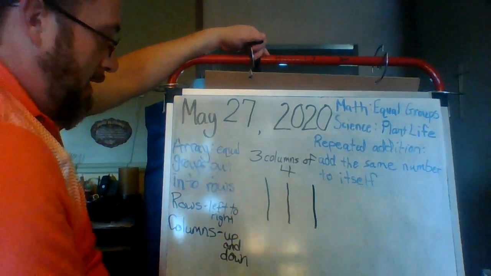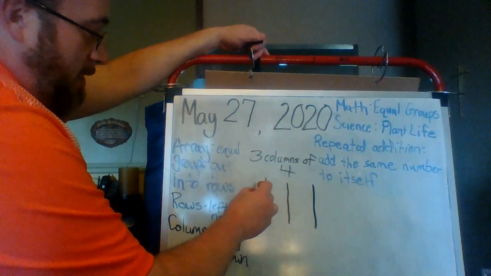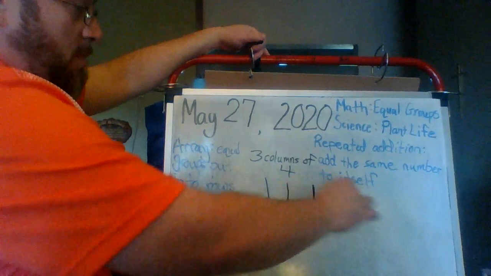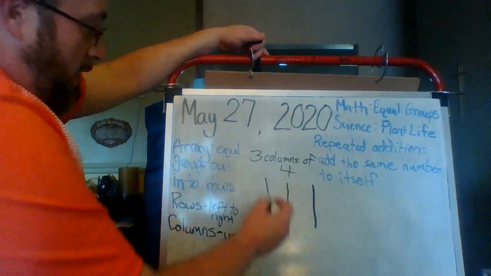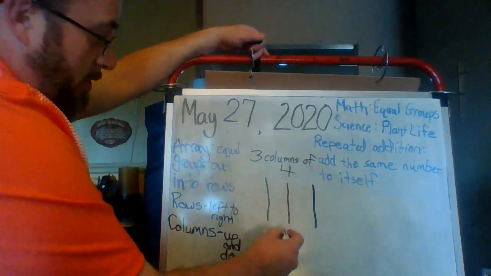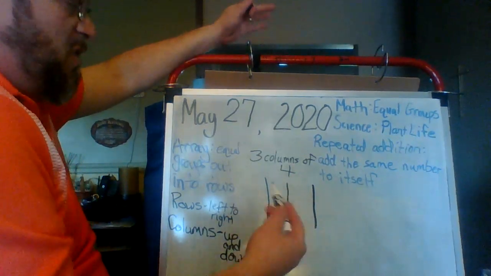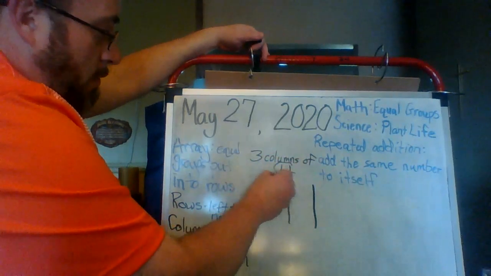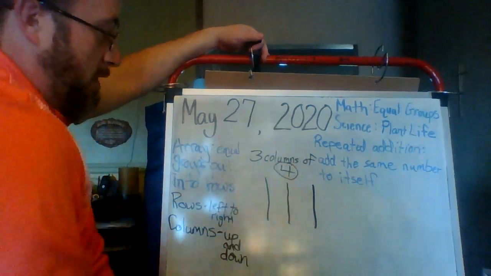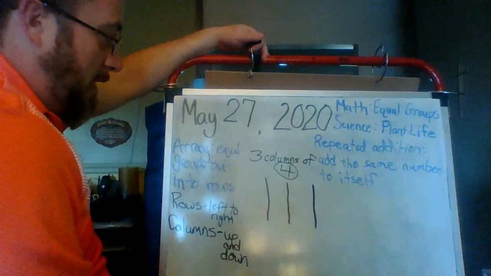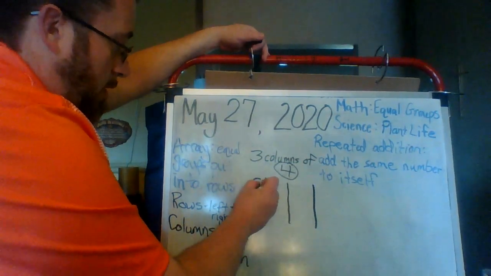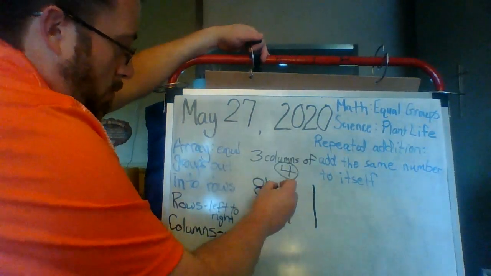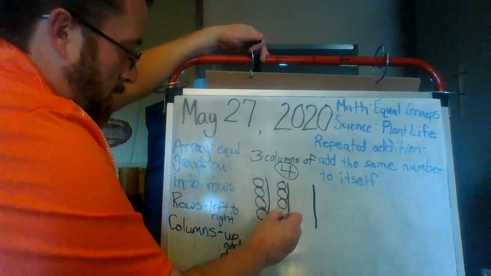Next to these lines, and it's up to you, you can draw your shapes on the left side or the right side of each of these lines. Just make sure you do the same thing all the way across. So if I start on the left on this one, I need to do this one on the left and this one on the left. Just makes more sense for yourself. 3 columns of 4. The 4 is how many I need to put into each of my columns. 1, 2, 3, 4. 1, 2, 3, 4.